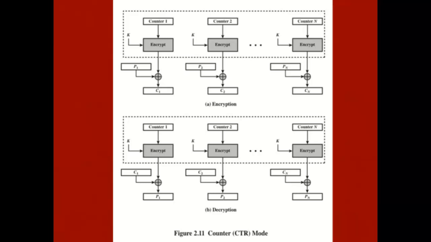Typically, the counter is initialized to some value and then incremented by 1 for each subsequent block, modulo 2^B, where B is the block size. For encryption, the counter is encrypted and then XORed with the plaintext block to produce the ciphertext block. There is no chaining. For decryption, the same sequence of counter values is used, with each encrypted counter XORed with a ciphertext block to recover the corresponding plaintext block.